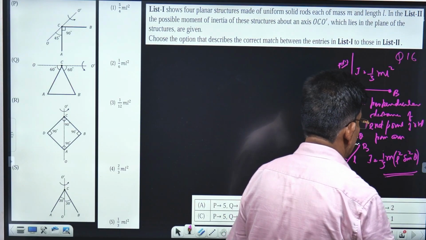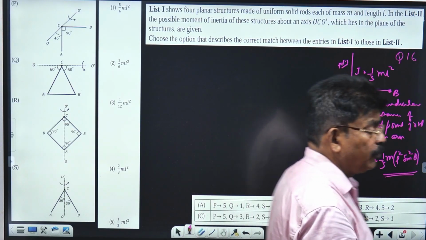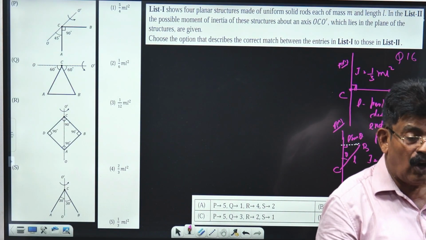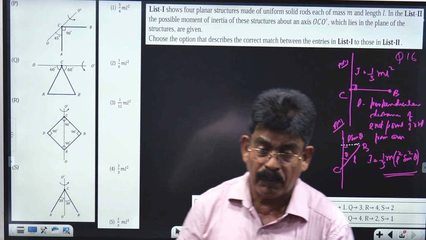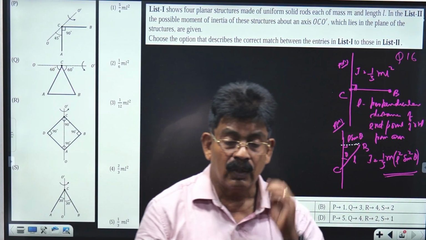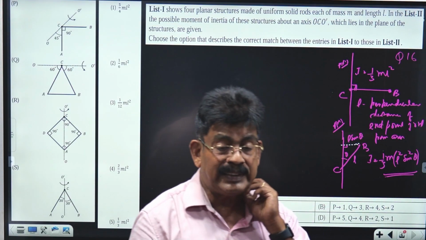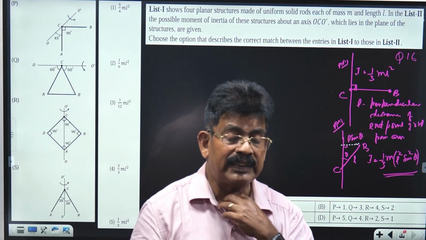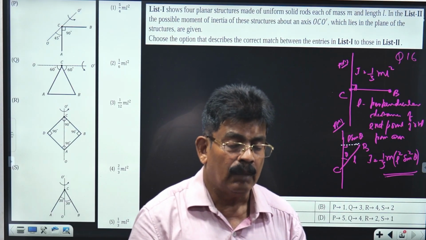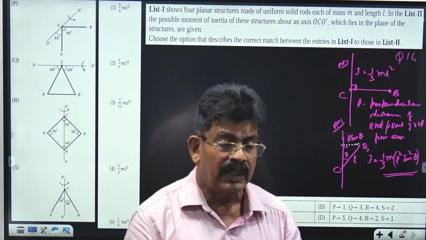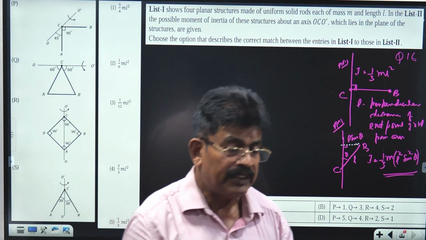So this will be the general formula for the moment of inertia of a rod about an axis passing through one end, where the rod makes an angle theta with the axis. Then the moment of inertia comes to be 1 by 3 m L square sine square theta.